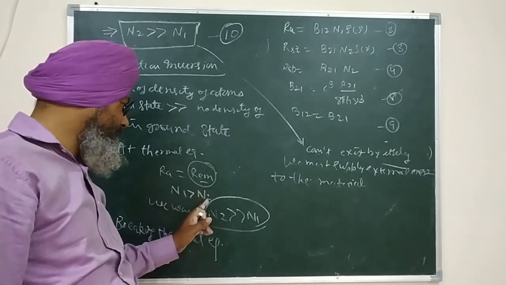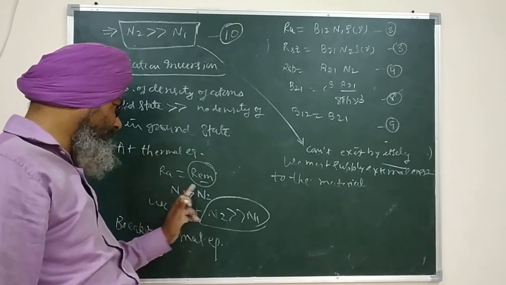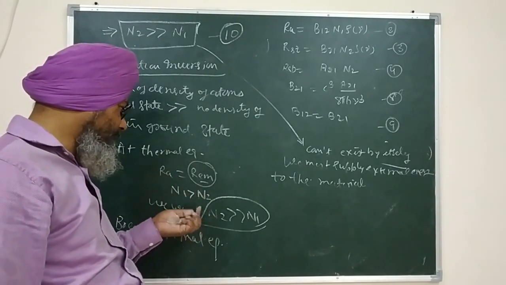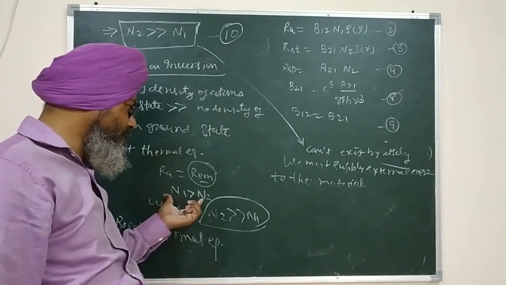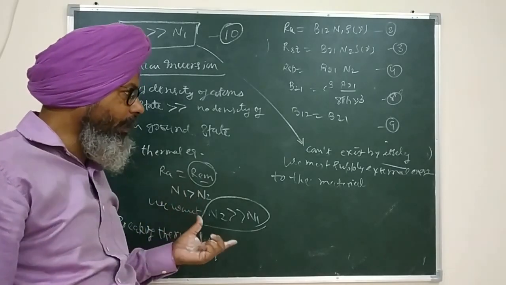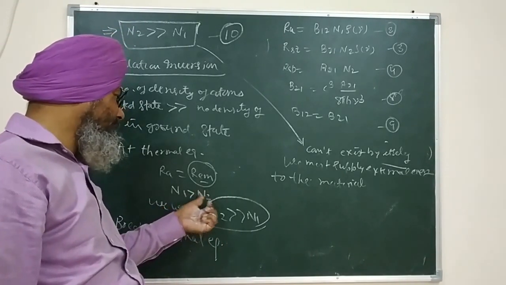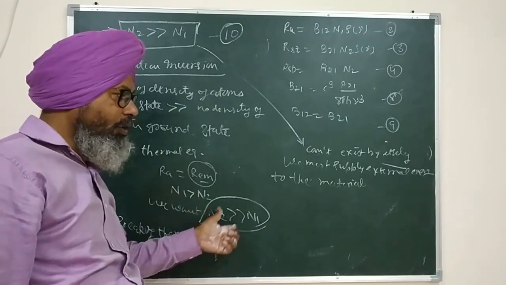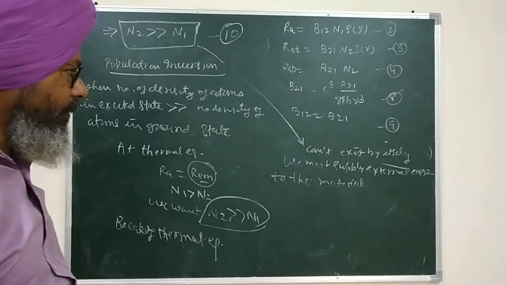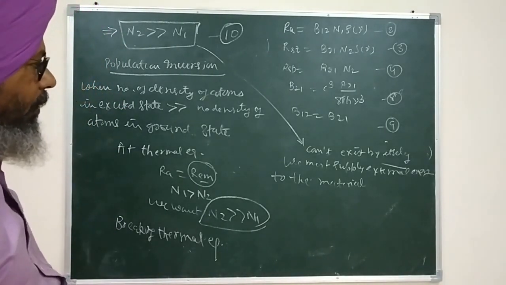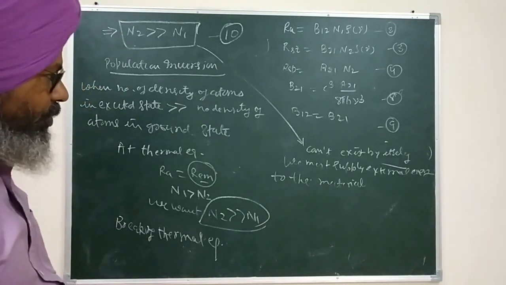We want N2 on this side and N1 on this side. For that, even when thermal equilibrium is achieved, we should not stop providing external energy. We continue to give external energy so that N1 and N2 interchange their positions and N2 becomes much greater than N1. When that happens, the state of population inversion will be achieved.